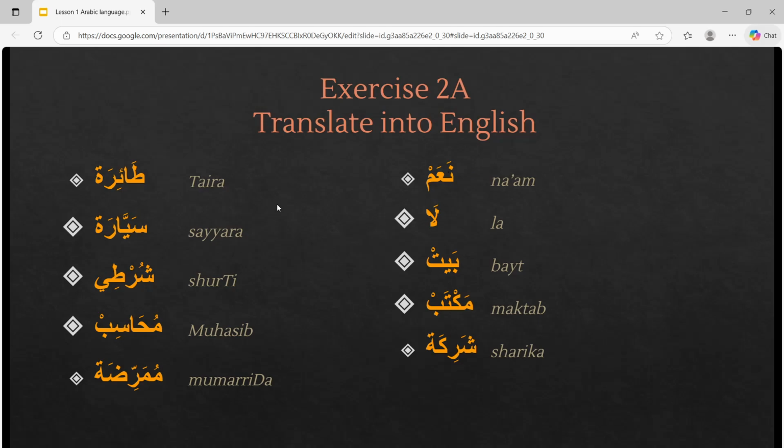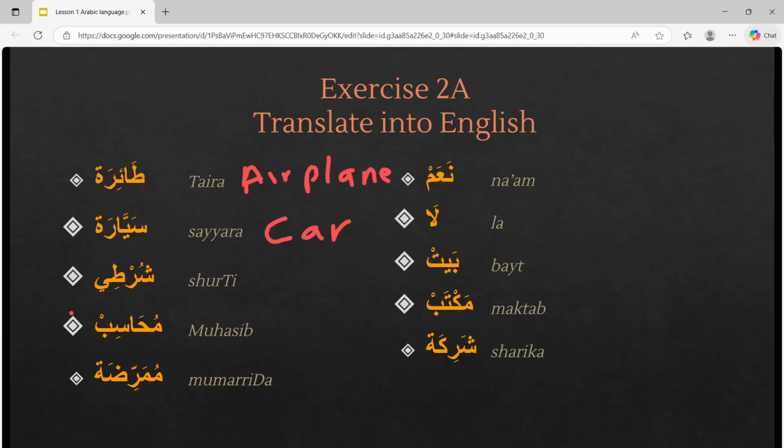طائرة. What do you think طائرة means? طائرة is an airplane. What about سيارة? سيارة is car.